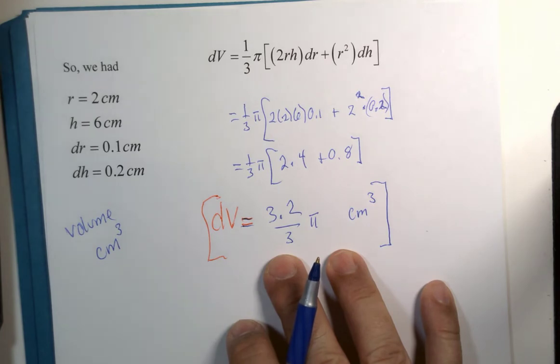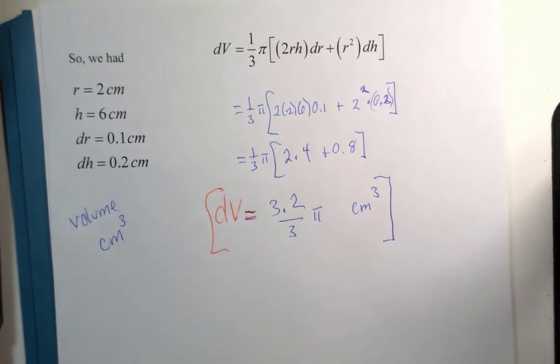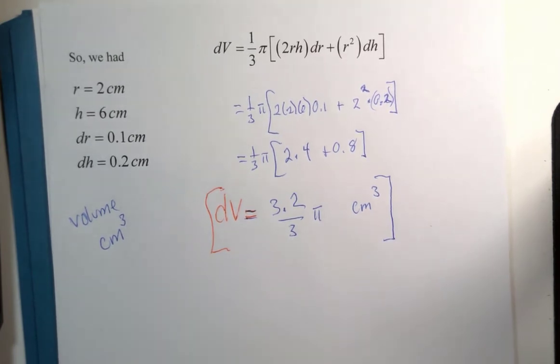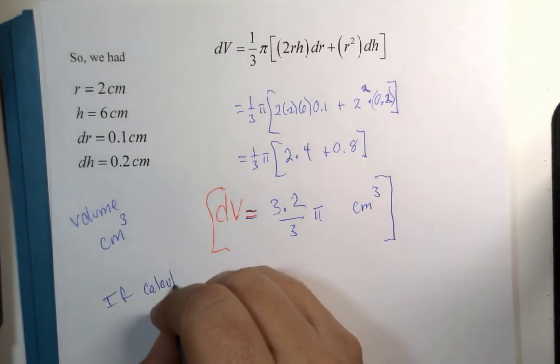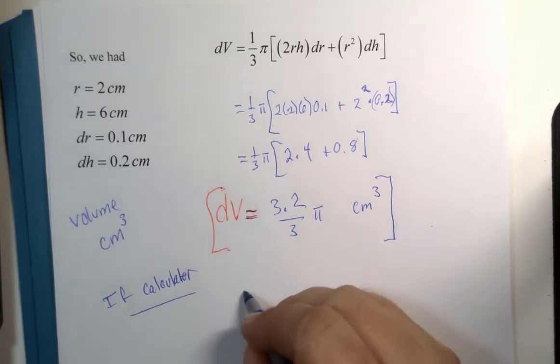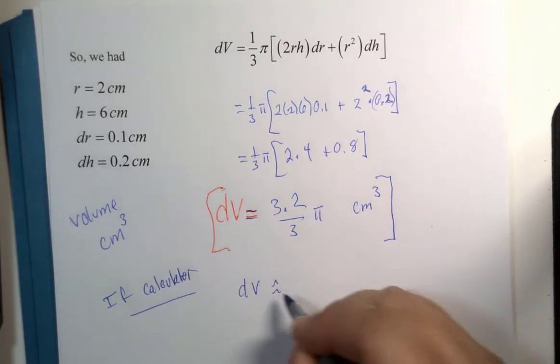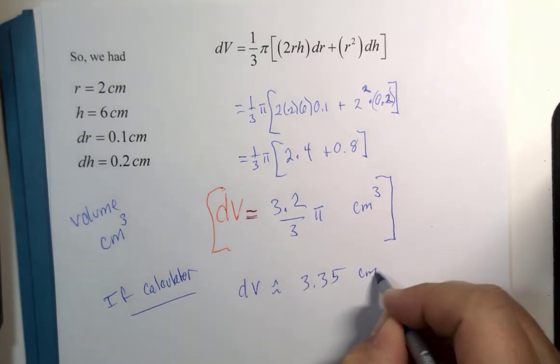If you do have a calculator, then you're going to wish your teacher didn't give you one, because there is so much more work to do here. For starters, I don't know how we do this. Well, let's just do this. If we have a calculator, let me just do a baby step. dV is approximately equal to 3.35 cubic centimeters.